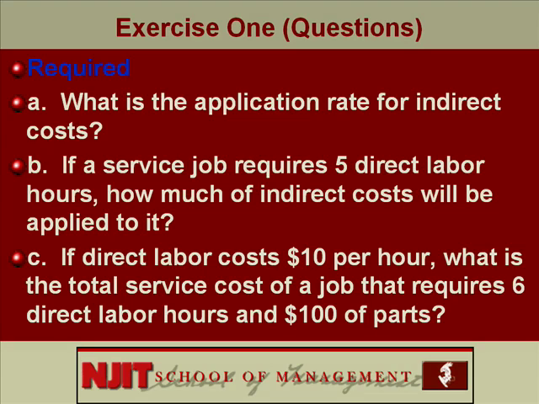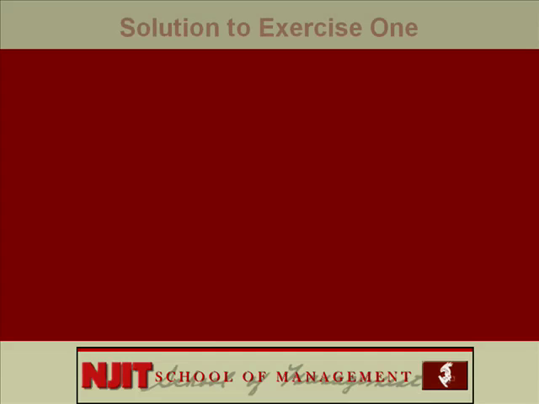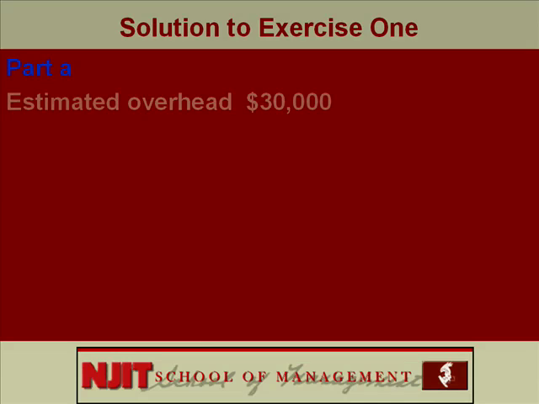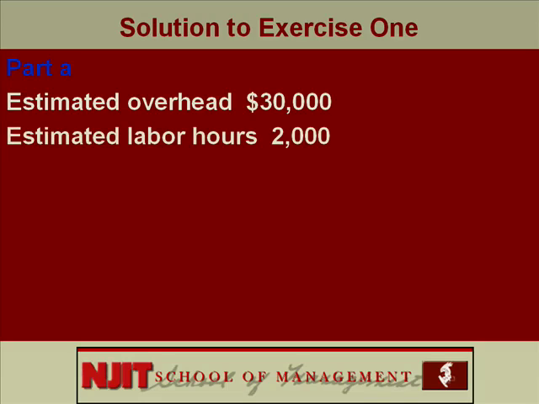Here's the answer. Part A. The estimated overhead at the start of the year is $30,000. They decide to use labor hours to charge overhead. Estimated labor hours is 2,000.